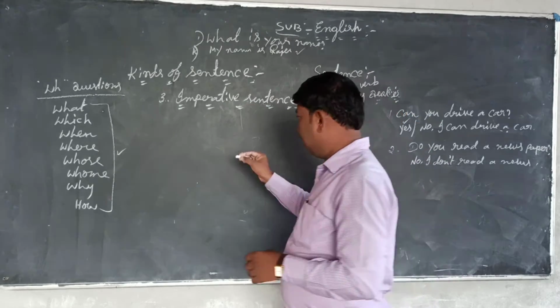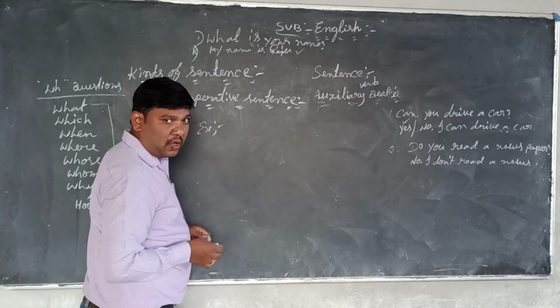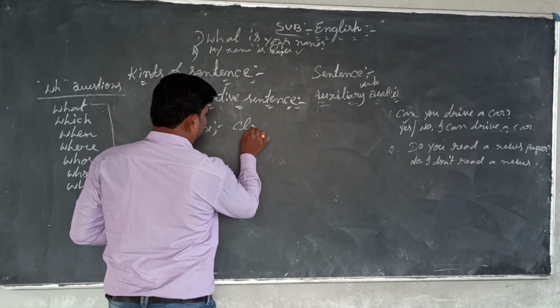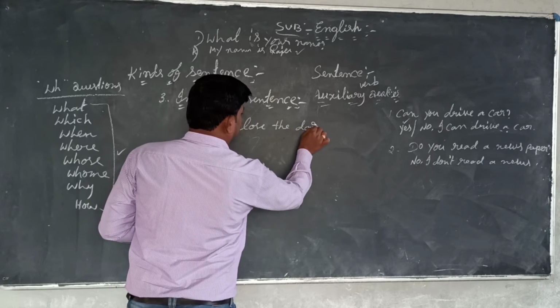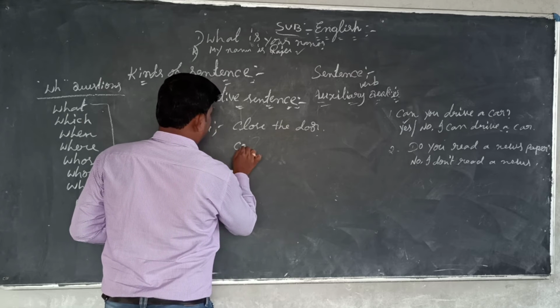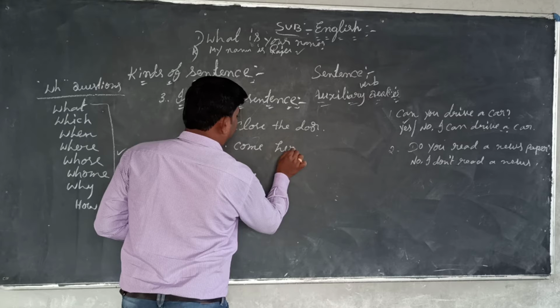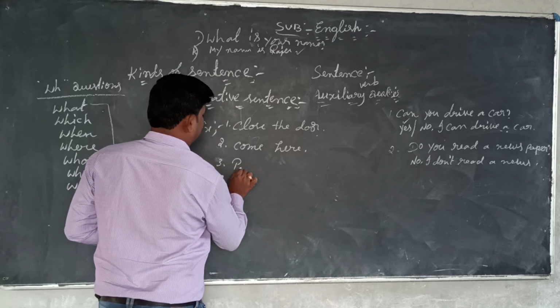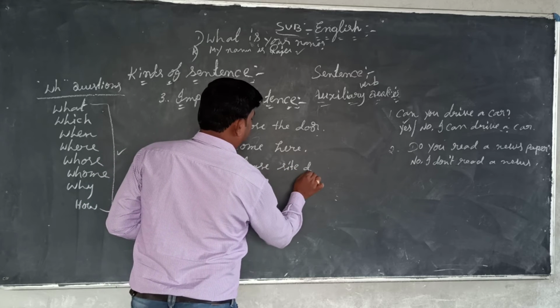For example, all of you observe here, for imperative sentences I am going to write examples. Close the door. Second example, come here. Please sit down.